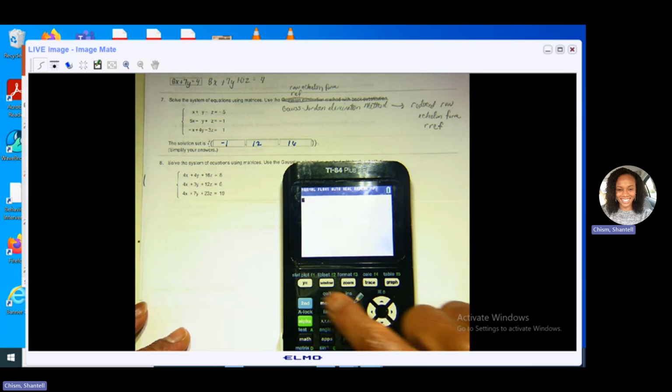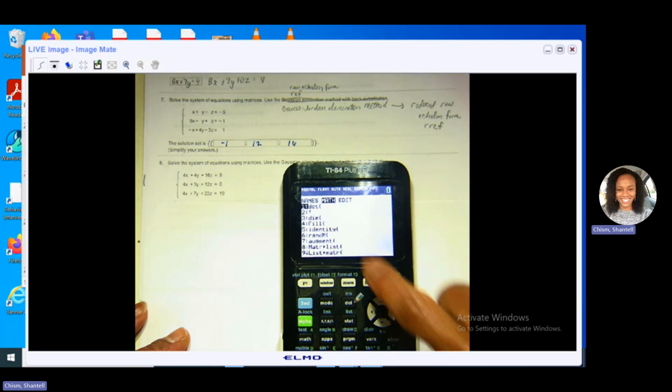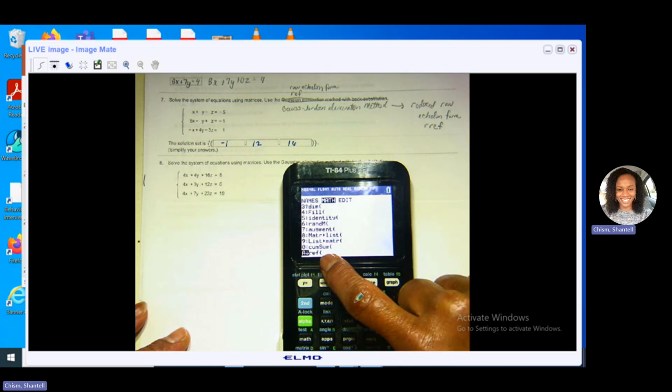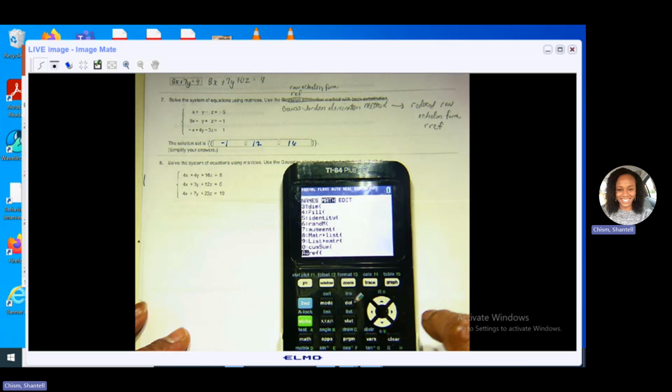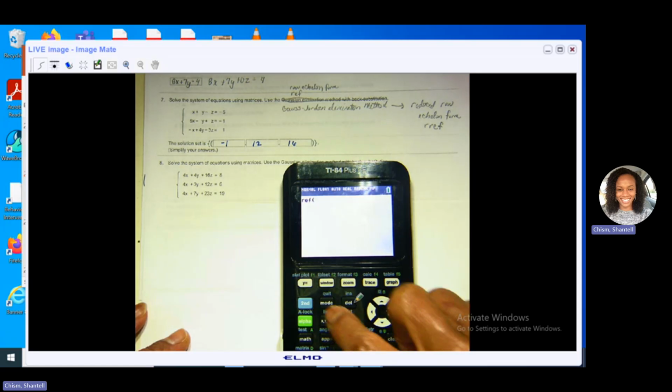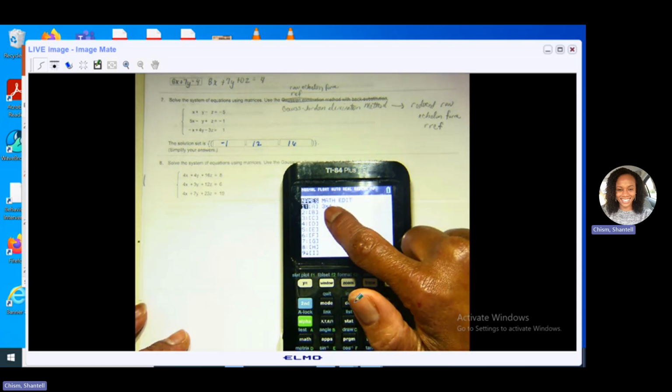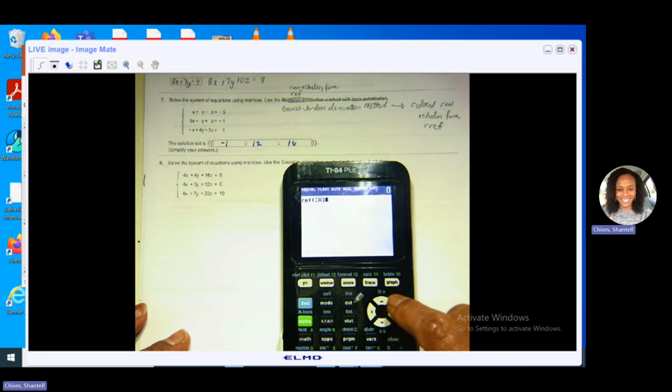Now, let's go back to the matrix, and let's select the math menu. We're going to go down. I want you to see something here. Let's suppose I select the row echelon form, REF. Let's select A, and then I tell the calculator where my matrix is located. It's in A, so it's going to perform row echelon form on matrix A. It gives me some decimals, which I don't want.